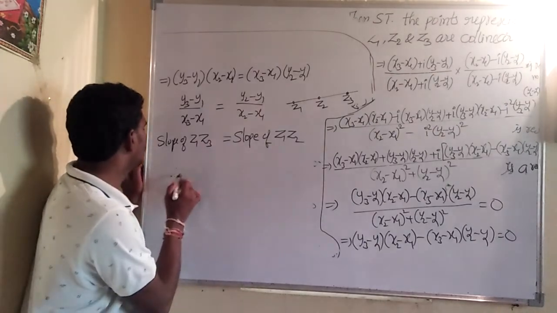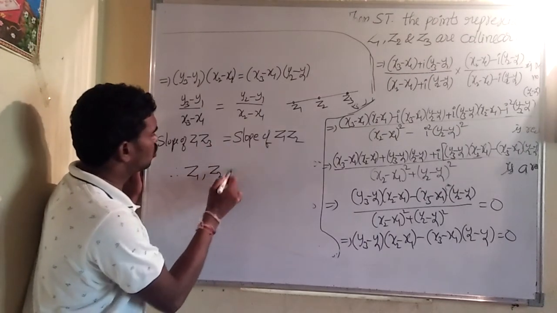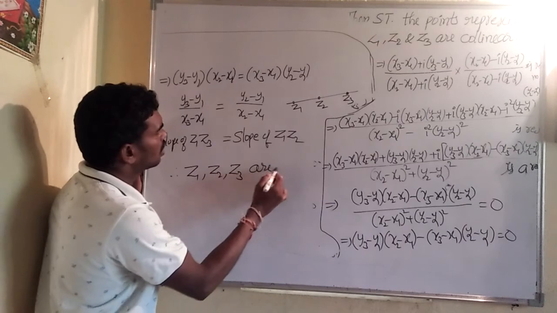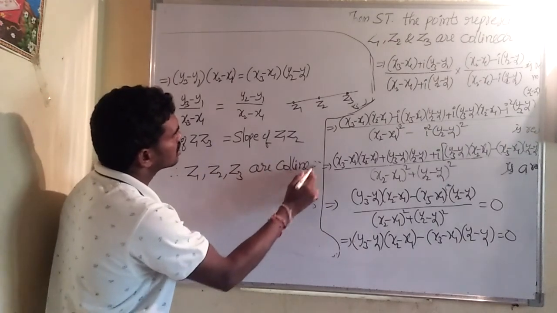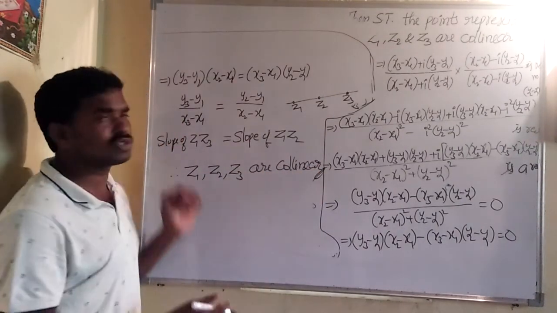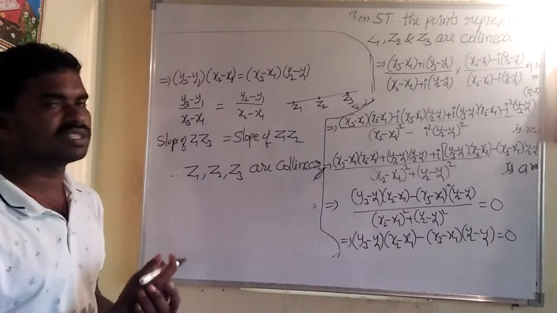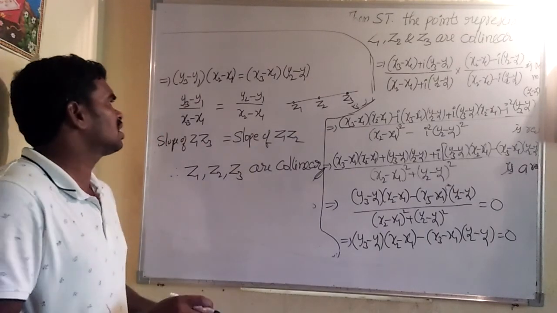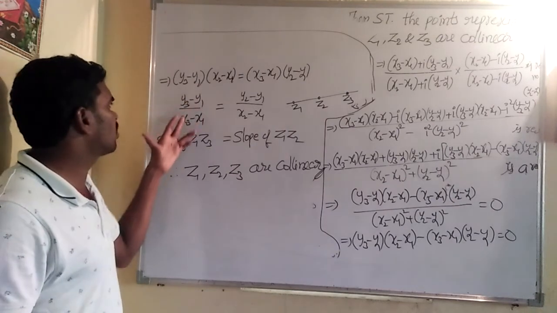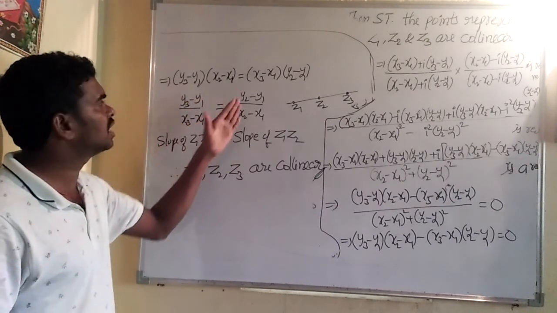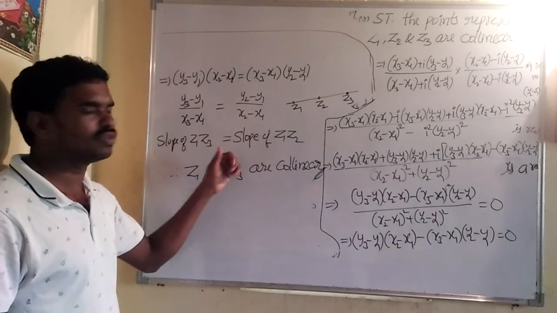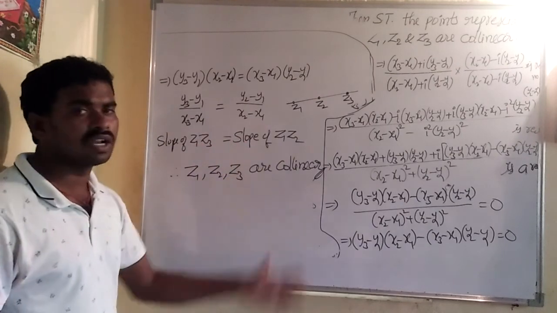Therefore Z1, Z2, Z3 are collinear. That is the concept, and you can do more sums in straight lines in Maths 1B, so don't bother. Just remember that (y3 minus y1) by (x3 minus x1) is the slope of Z1, Z3, and this is the slope of Z1, Z2. If the slopes are equal, then the points are collinear.